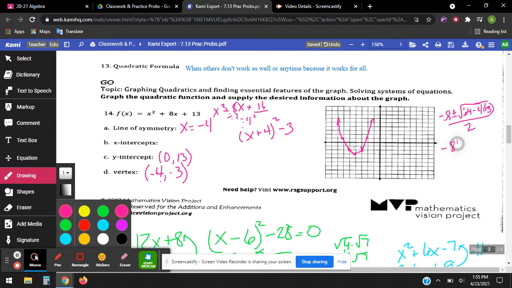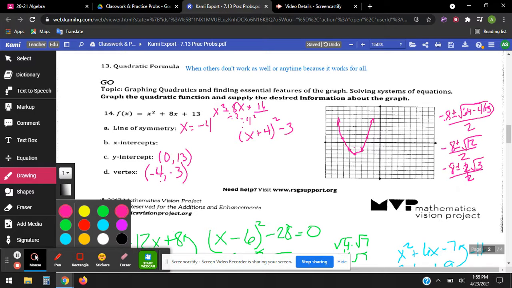So 64 minus 52 is 12. If I simplify the square root of 12, I can do negative 8 plus or minus 2 square root of 3, divided by 2, which those would cancel.